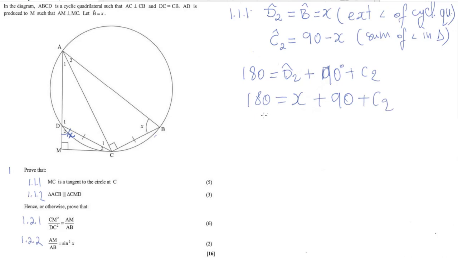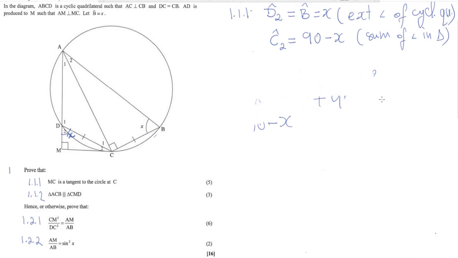So when you transpose, this will be 90, and when you transpose this will be X. So C2 is going to be 90 minus X. So now we have this, okay? We need to prove that this angle is equal to this one, meaning that this angle also should be 90 minus X.